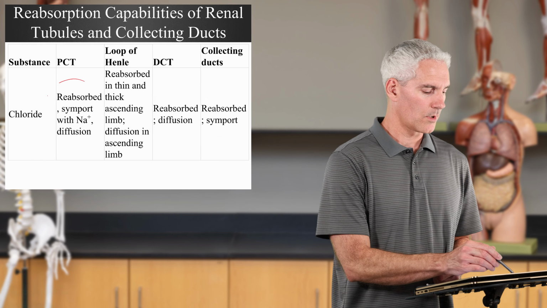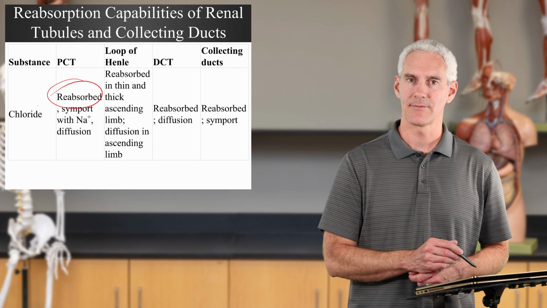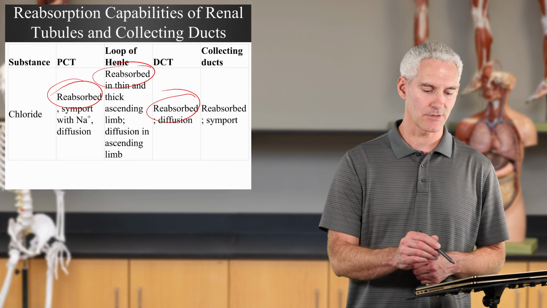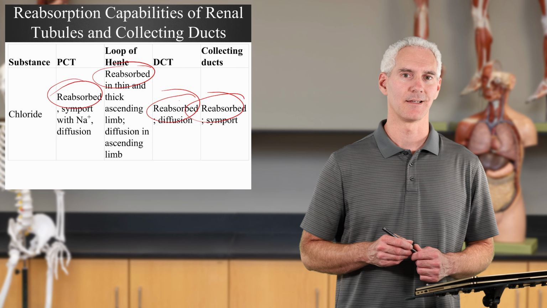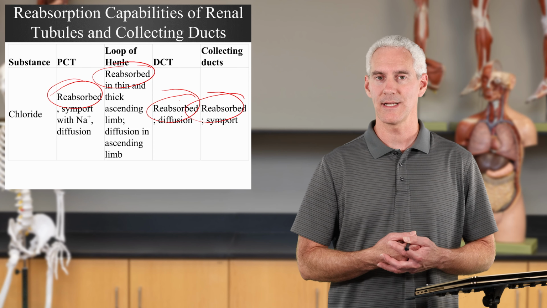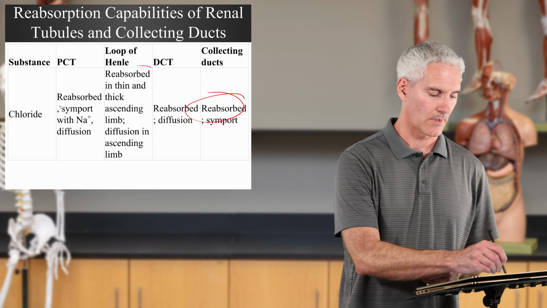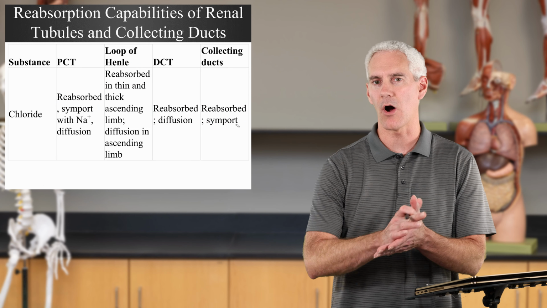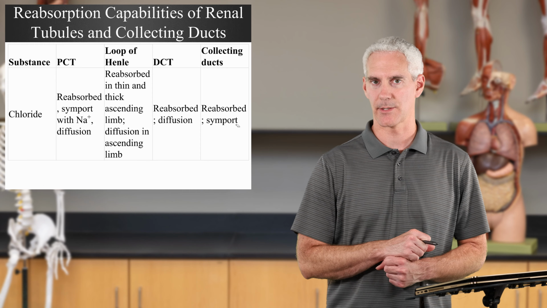Chloride: reabsorption in the proximal convoluted tubule, loop of Henle, distal convoluted tubule, collecting duct. It all depends on where you need it and how much needs to be pulled. So the system can constantly regulate chloride all throughout the entire process.